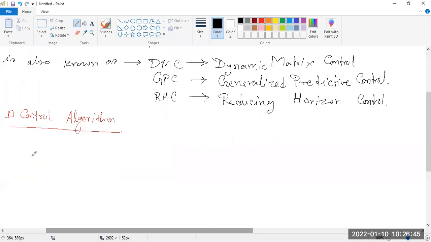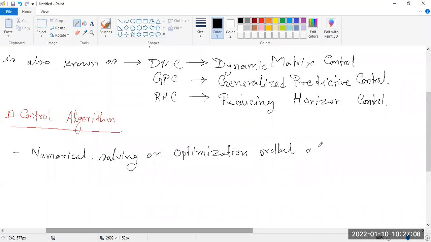First one is the optimization problem at each step.